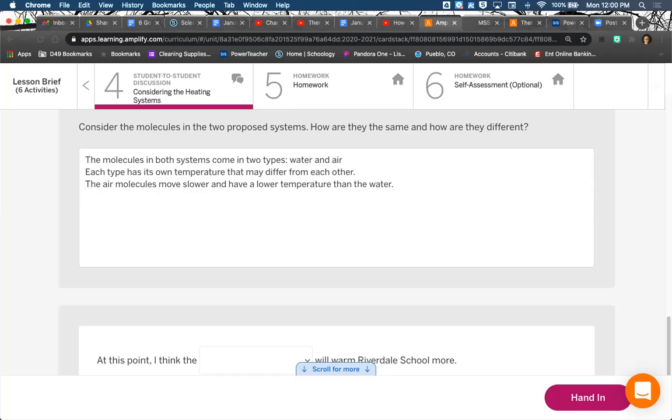And one system has warmer water with a smaller tank, and the other has cooler water with a larger tank.